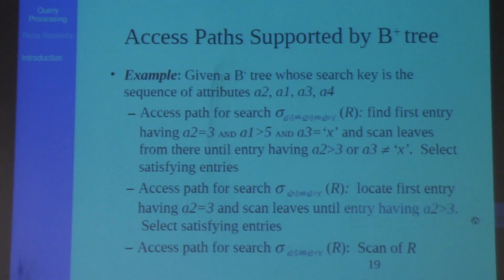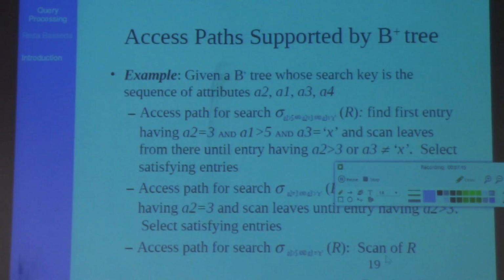So, what is the last example? A1 is greater than 5, A3 is equal to X. So what happens here? Scan all. Why? It's the range for A1, greater than 5. It can be anything, because the search condition is not a prefix of the index.